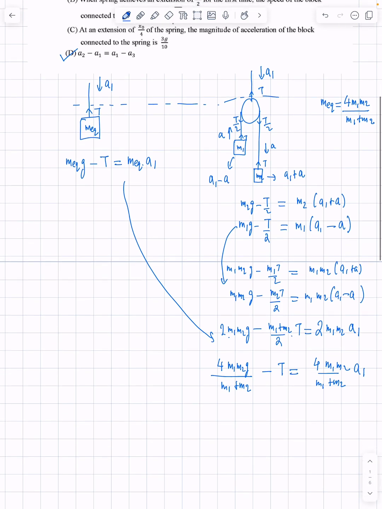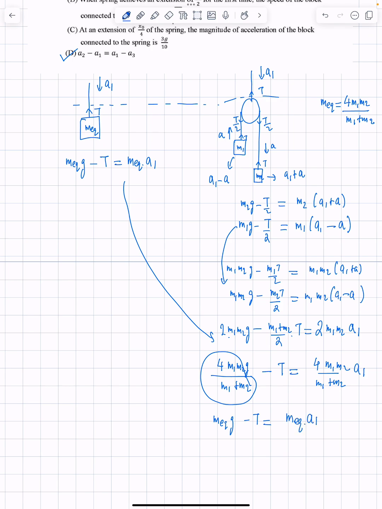You can see that if I define this as the equivalent mass, M equivalent, then you will get M equivalent a1.